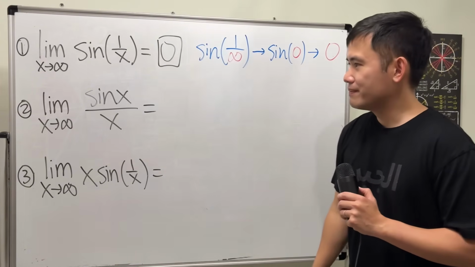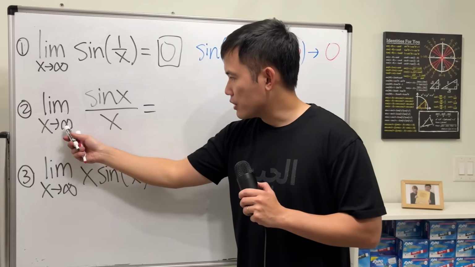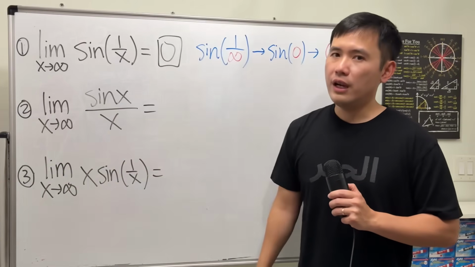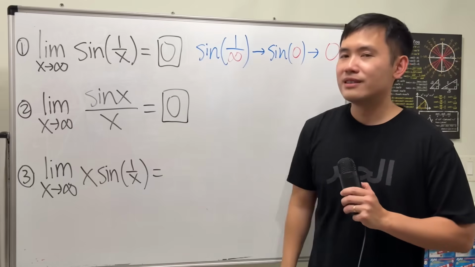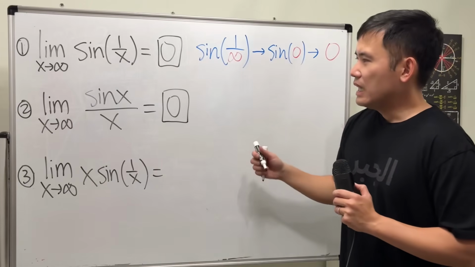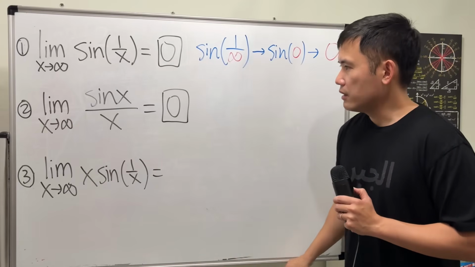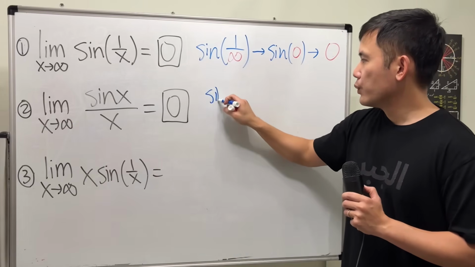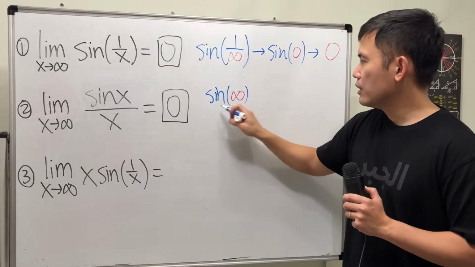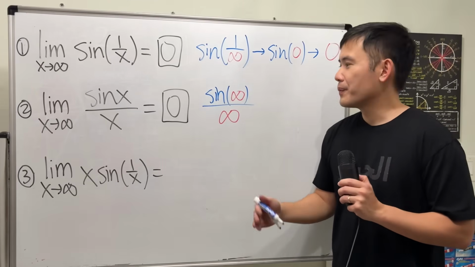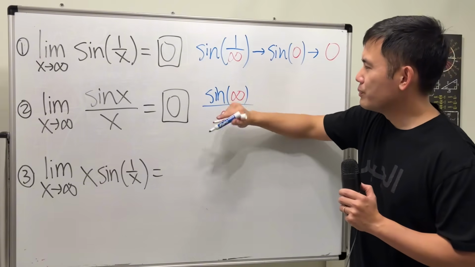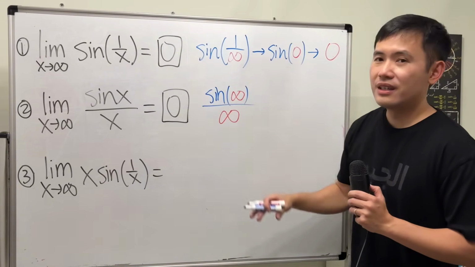Now for the next one. The limit as x approaching infinity of sine of x over x. This is also 0. Why? It's a little bit weird if you plug infinity into all the x's. We get sine of infinity over infinity. Well, how are we going to make a conclusion for sine of infinity?